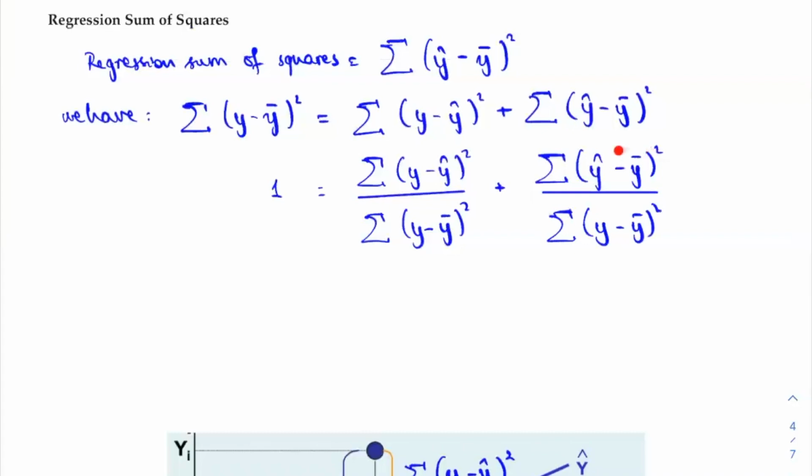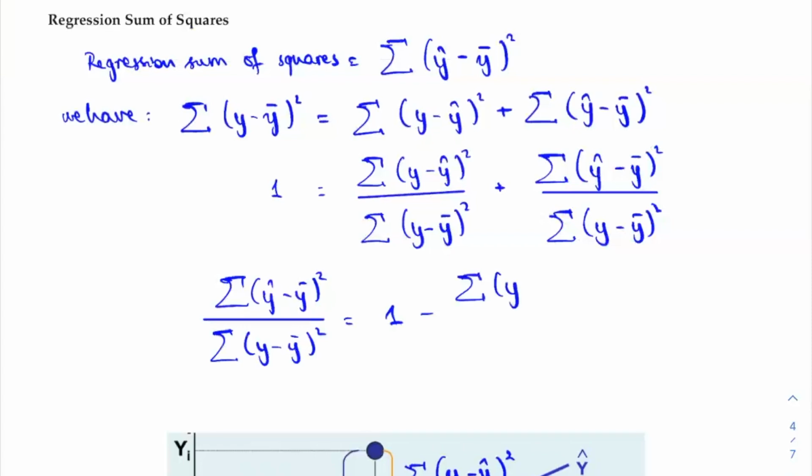Next, we're going to move this term to the left-hand side, so I'm going to rearrange something here. I get the sum of y hat minus y bar squared over the sum of y minus y bar squared equal to 1 minus the sum of y minus y hat squared over the sum of y minus y bar squared.